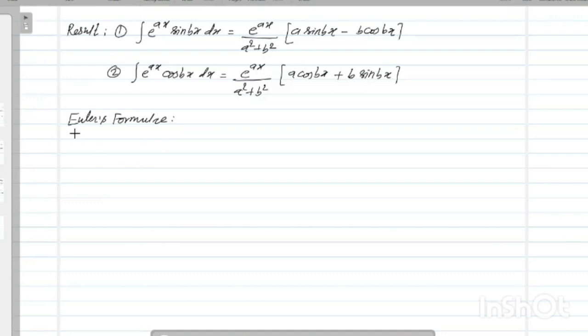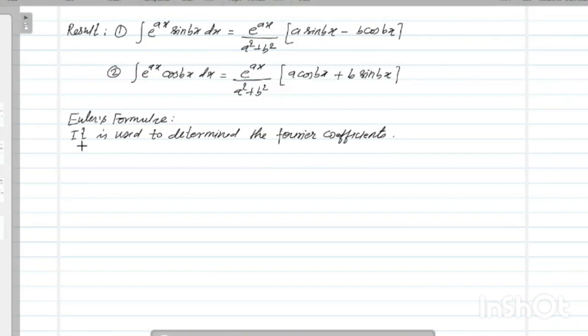Euler's formula is used to determine the Fourier coefficients. And what are the Fourier coefficients?